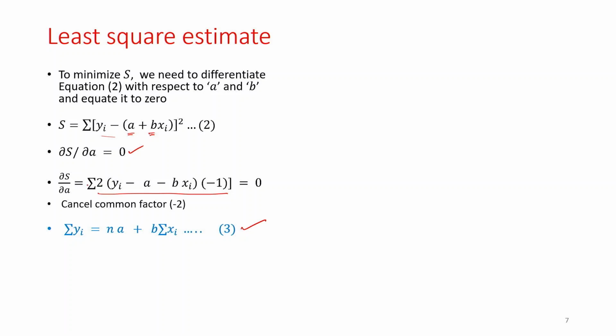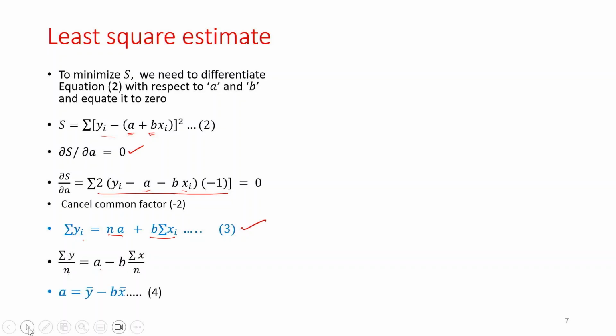Sigma yi, sigma a means n a, and it will be b sigma xi. This is what will be left. And from there, if I divide all of them by n, we can write sigma y by n equal to a plus b sigma x by n.